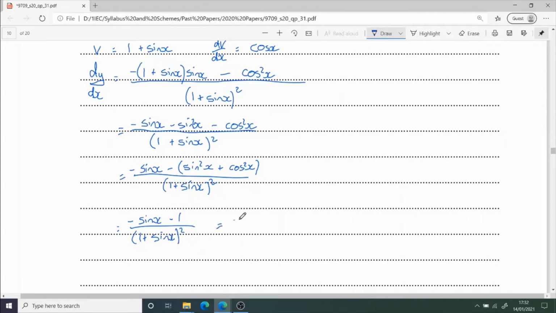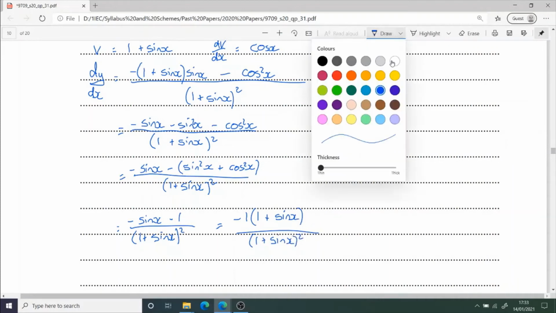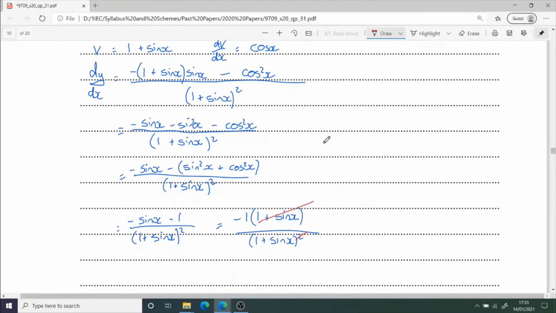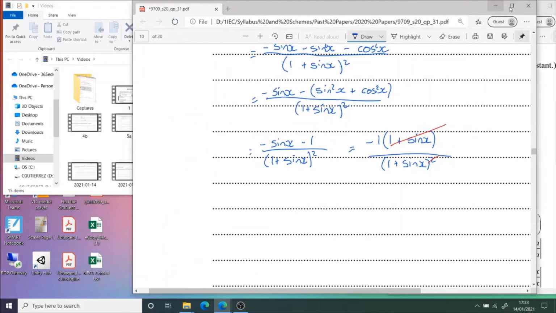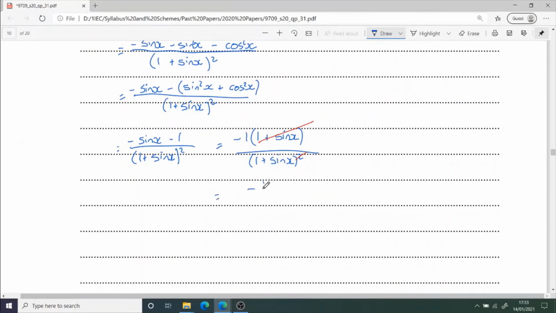And now let's factorise a minus 1 out, and then we get 1 plus sine x over 1 plus sine x squared. Now we can divide top and bottom by 1 plus sine x, and we're left with negative 1 over 1 plus sine x. So that's the answer to our derivative.